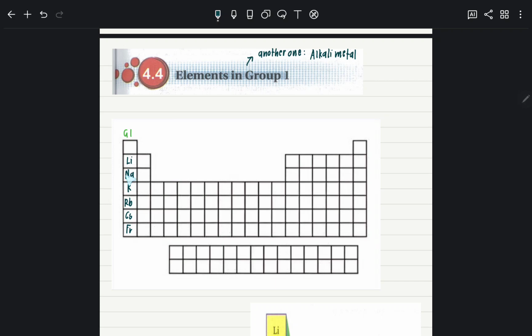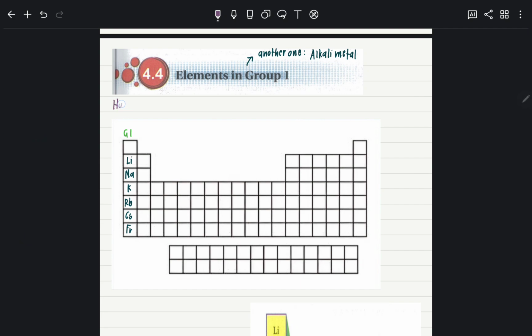Why alkali elements? Because each of the members of group 1 is capable of forming an alkaline solution once they react with something. What the something is you will learn later. For this point, you just remember that elements in group 1 we call alkali metals, satu benda.